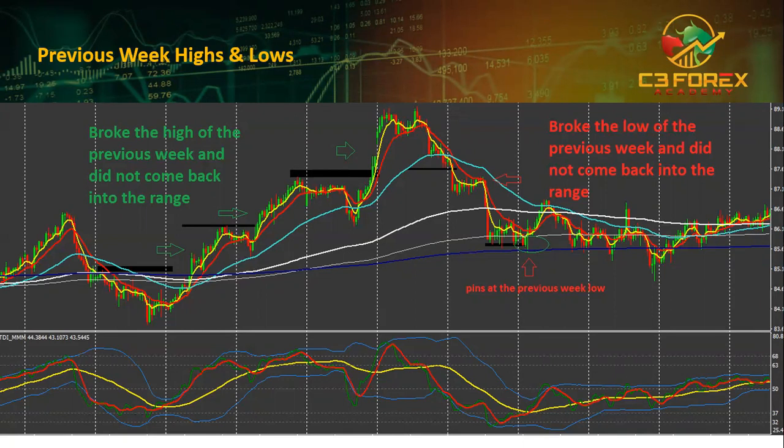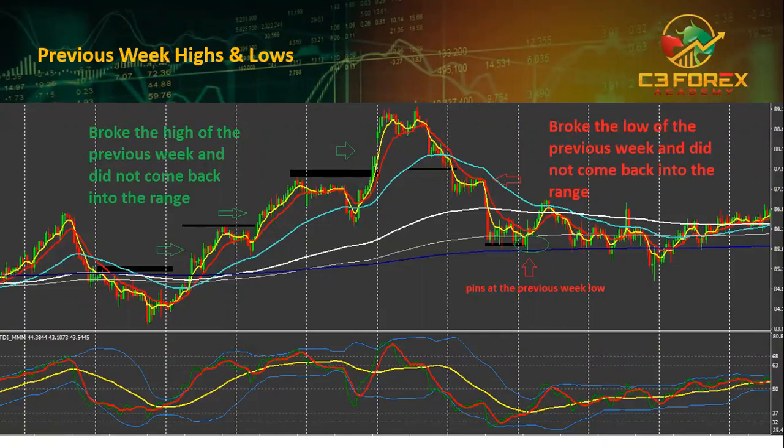Now, say the previous week ended on level 1 or level 2. Say it ended on level 1. Now when I start counting my levels, I can see that last week's high was level 1.